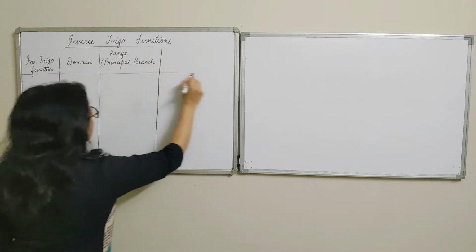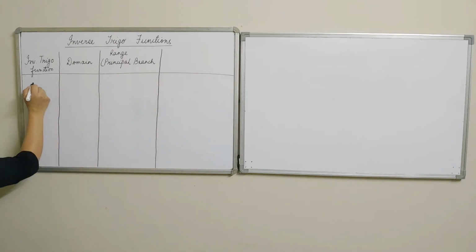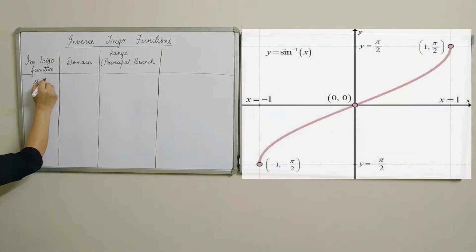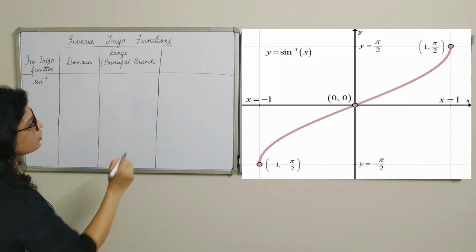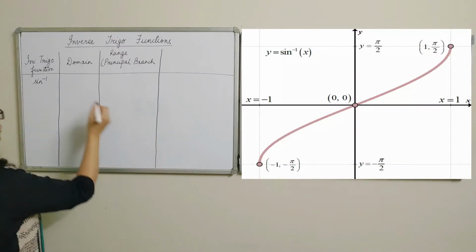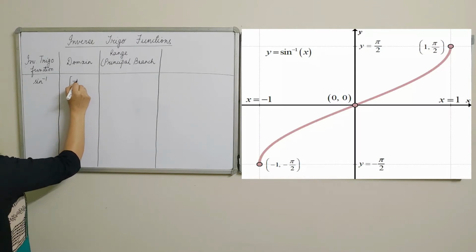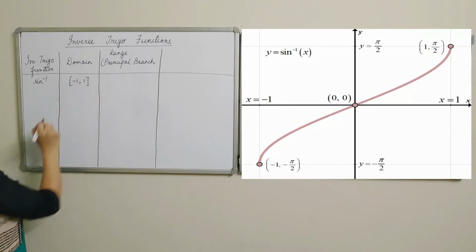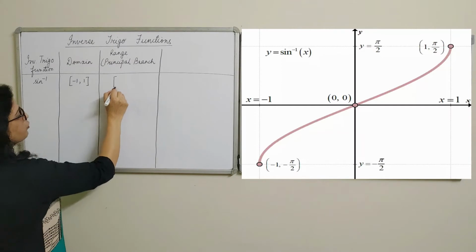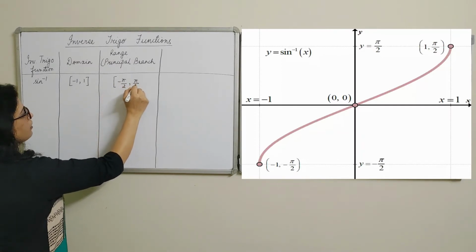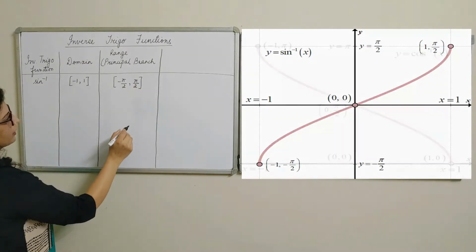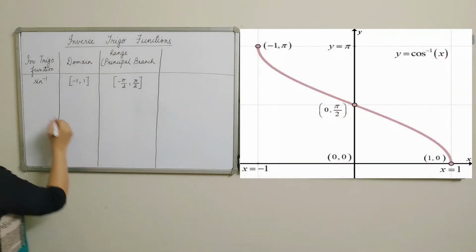So let's start from the first function, that is the sine inverse function. Now looking into this graph here, you know the domain of the function is minus 1 to 1, and the principal branch is the closed interval minus pi by 2 to plus pi by 2.